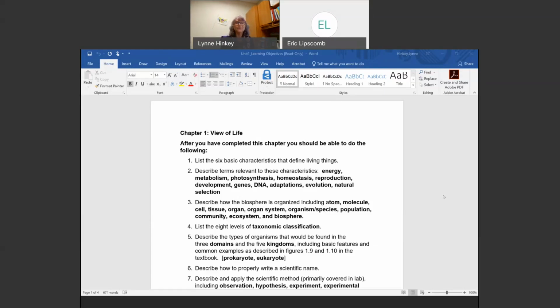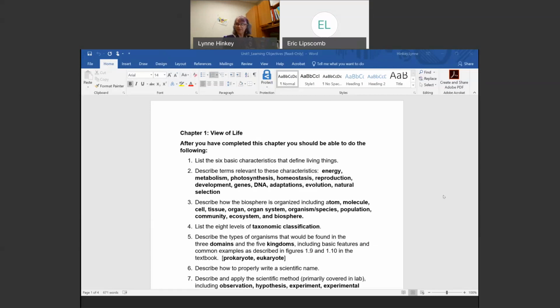As you're going through the learning objectives, you definitely want to go with what's in the book. The first property of life listed in our book is that living things are organized, and those levels of organization are shown in number 3.